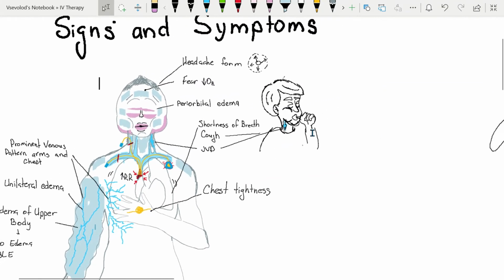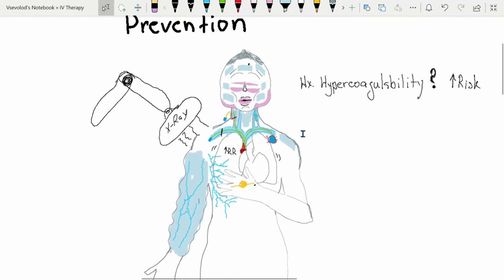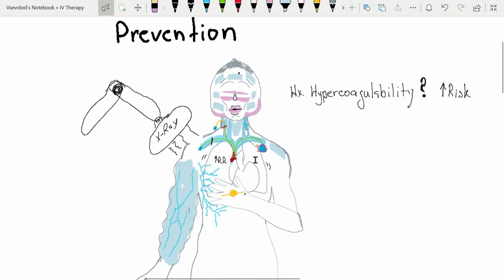So some of the things that can be done to prevent superior vena cava syndrome from occurring is obtaining or verifying proper catheter tip placement with radiographic examination, and it should be present above the right atrium in the superior vena cava.